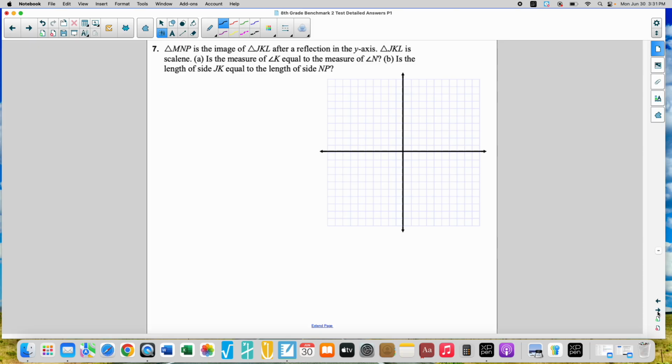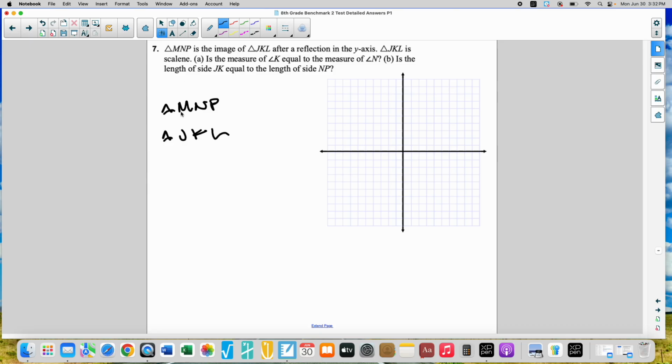So we actually don't need to see this on a diagram. We could absolutely reflect it and look, but this is more based upon the understanding of what an image of something is, and we have triangle JKL and similar triangles and what their properties are.